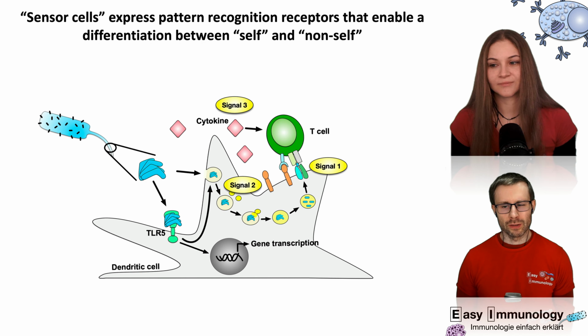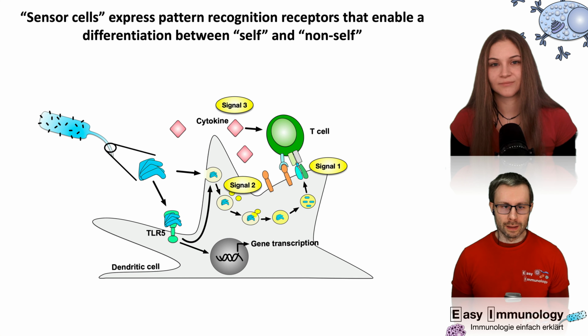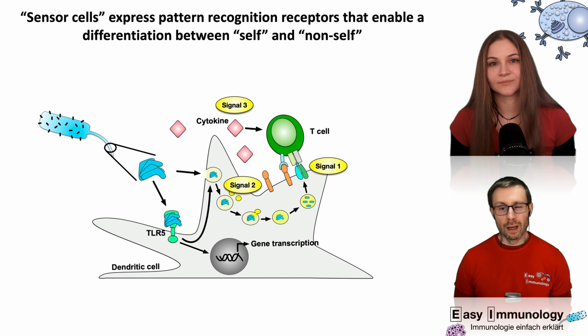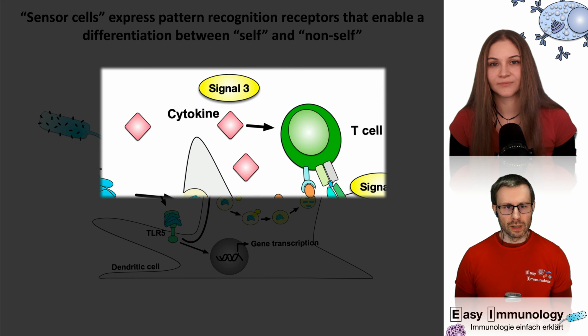So signal 1 and 2 make sure that only specific cells get activated and that they get activated efficiently, but then they don't know what to do because they can differentiate into T cells that make antibacterial responses or antiviral responses, and this information is then transmitted via the cytokines.